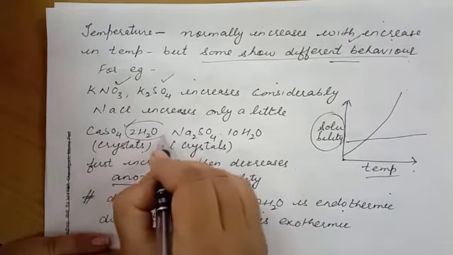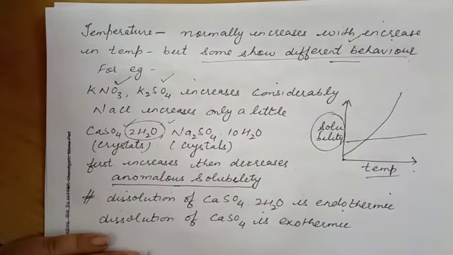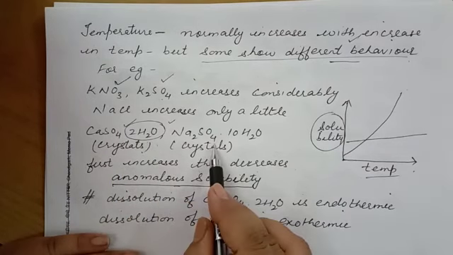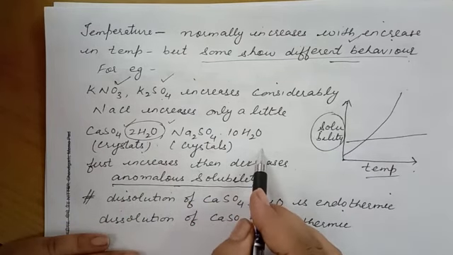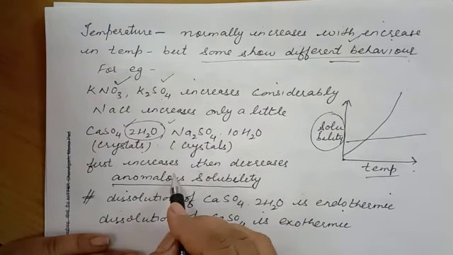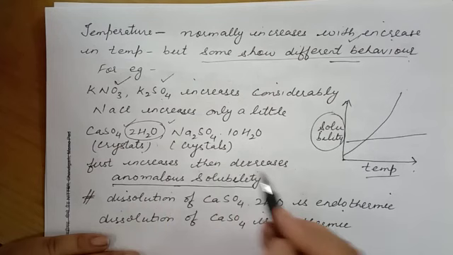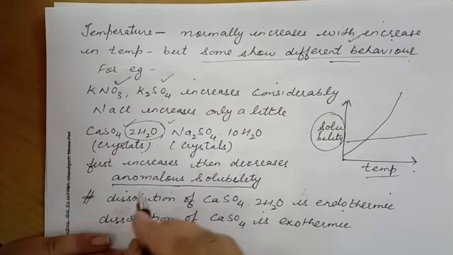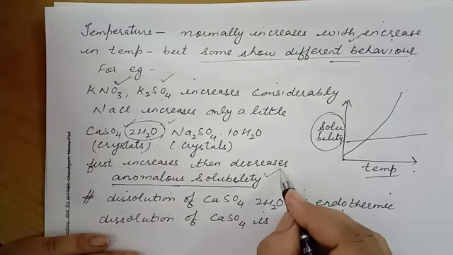That have water in them. So we have calcium sulfate dot 2 molecules of water and sodium sulfate dot 10 molecules of water. Now their solubility first increases with the increase in temperature and then starts decreasing. Such type of solubilities we called anomalous solubility.